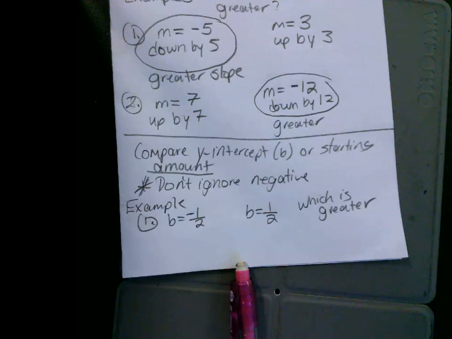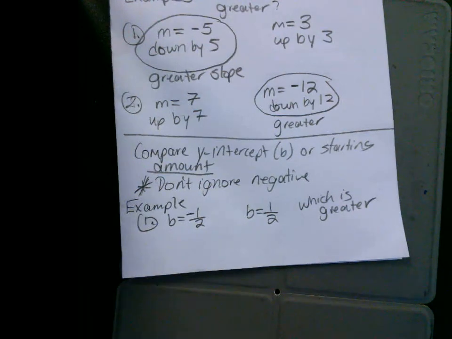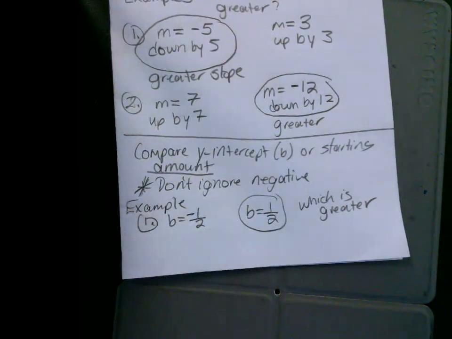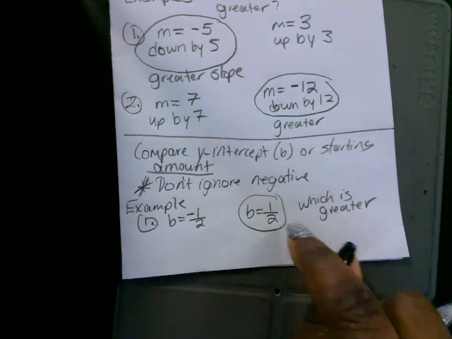We got 6 people that all got it right. Is it the negative number or the positive number? The positive. Positive is always greater than the negative. You're thinking slope. When you're comparing slope, you ignore the negative. But here the positive is going to be the one that is greater.